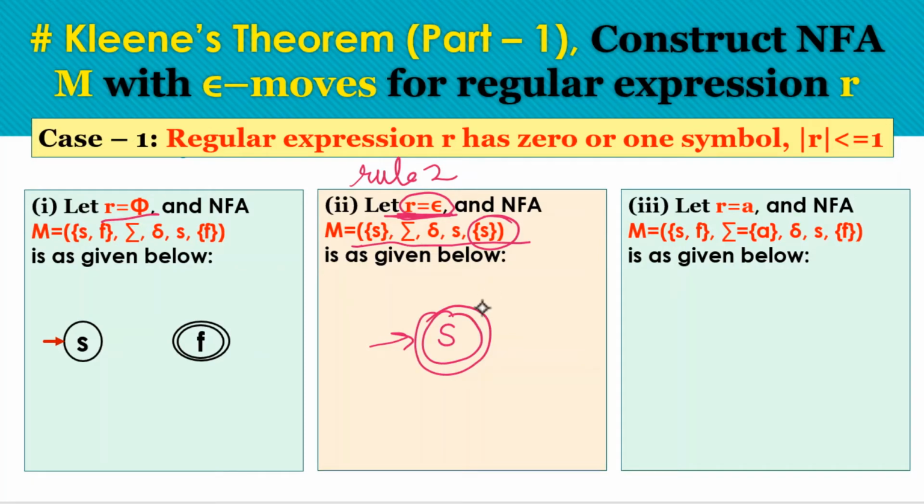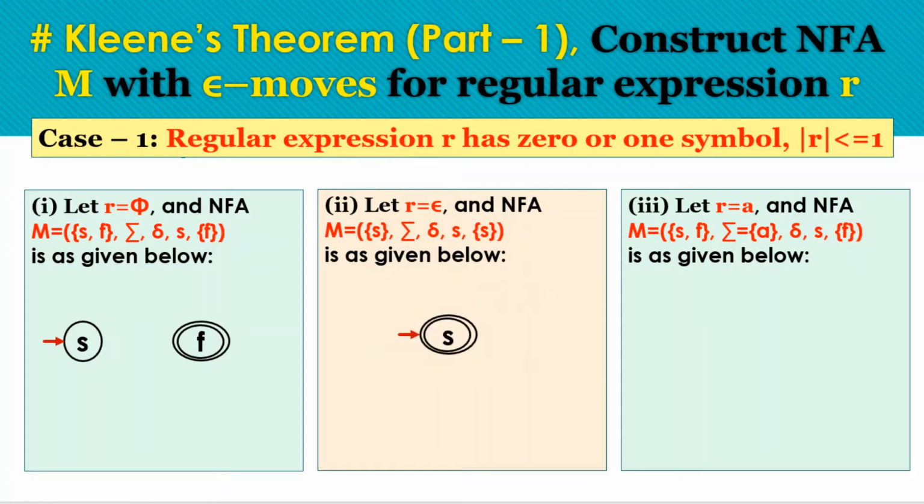Whether we draw the transition or not doesn't matter, because being on a state means we are at the same state without receiving any input symbol, that is, with the null transition. So we need not draw this transition. So this is the final NFA for this given regular expression.